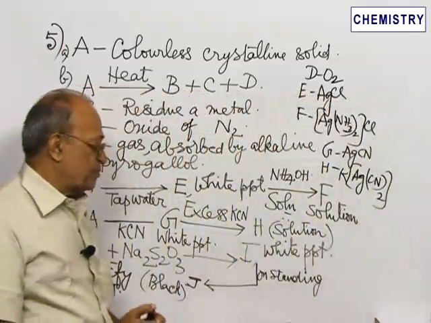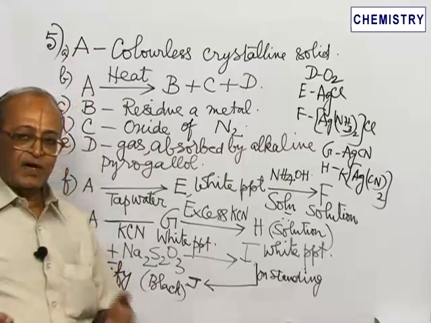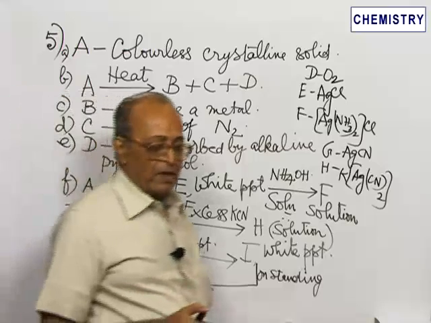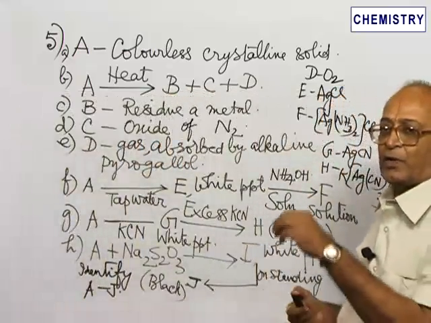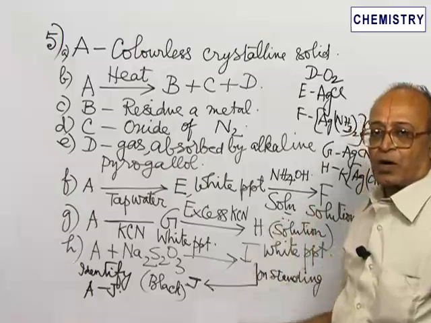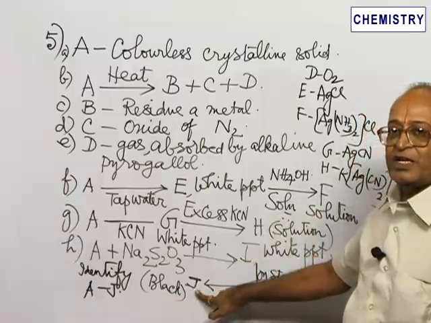The change of color is stepwise: white precipitate, yellow, light yellow, dark yellow, brown, and finally a black precipitate J is formed.